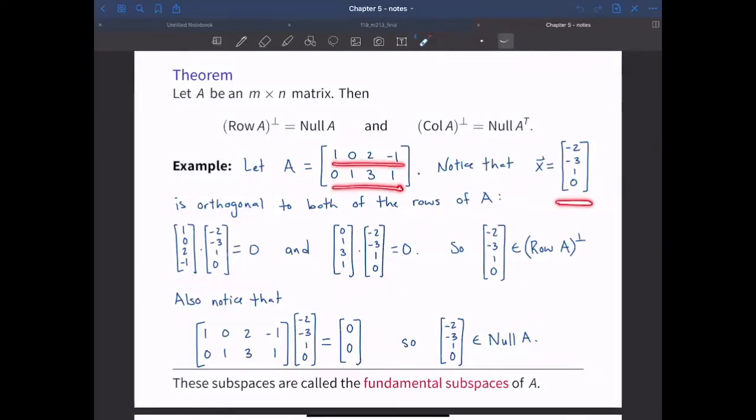Do you believe me on that? Yeah. Okay, so since it's orthogonal to both of these rows, that means this vector lives in the orthogonal complement of the row space. It's orthogonal to both of the rows, therefore it's orthogonal to every linear combination you can build up using those rows. Is that okay? Yeah.